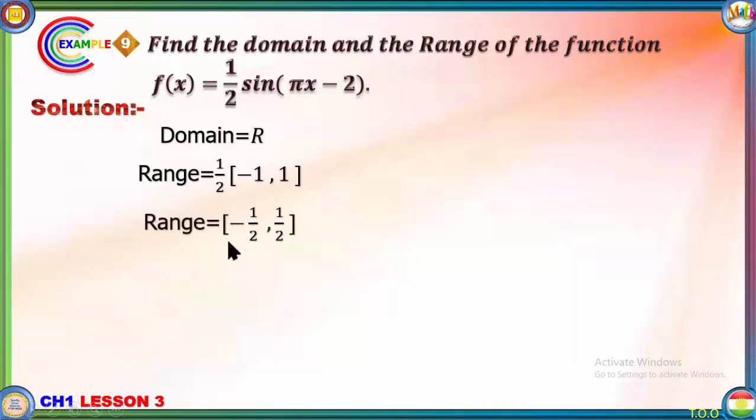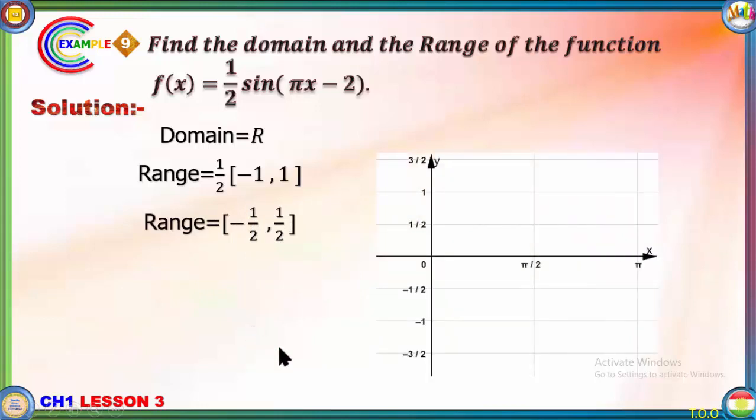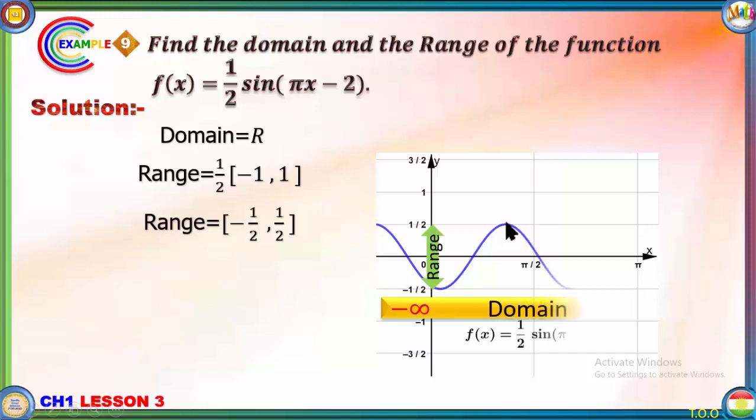That becomes from -1 over 2 to 1 over 2. If you draw the graph, you can see that the function starts from 1 over 2, coming down to -1 over 2, going up to 1 over 2, coming down to -1 over 2, etc. That means the domain is all real numbers and the range is from -1 over 2 to 1 over 2.